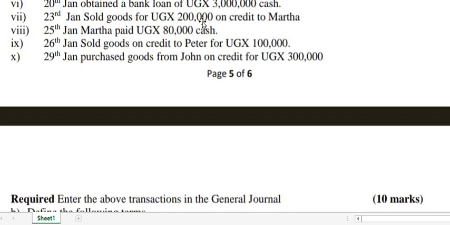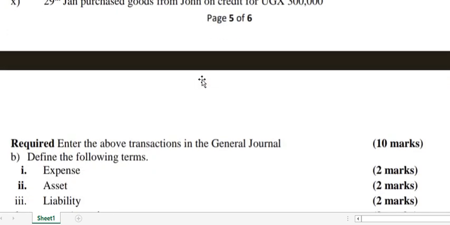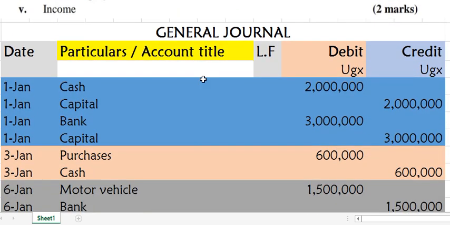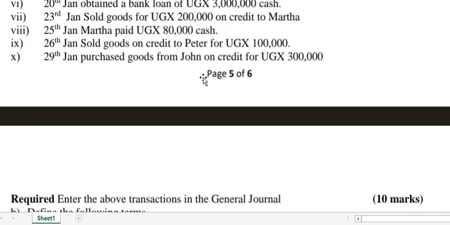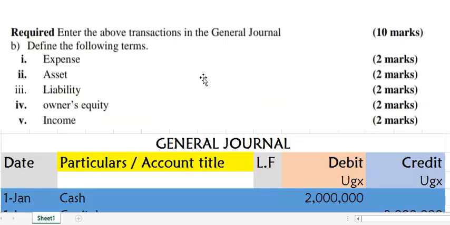In this case, Martha owes money to the business. So a debtor is an asset to the business. Martha has a financial obligation to repay the debt of 200,000. Sometimes you can use the term trade receivable instead of debtors.